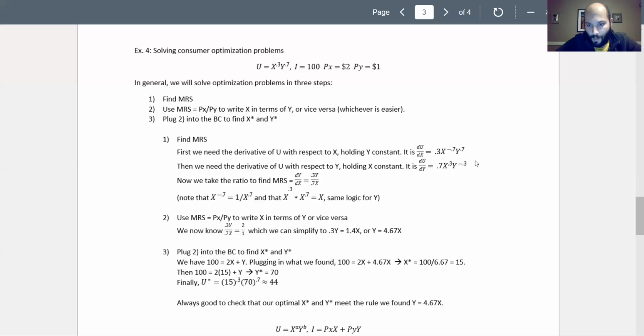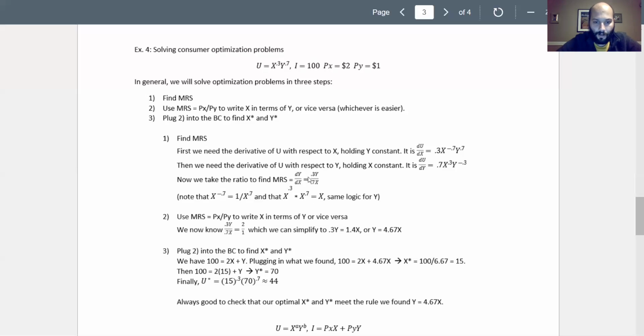Likewise, 1 over y to the negative 0.3 just equals y to the 0.3, so we can bring that up here. Ultimately, we get 0.3y over 0.7x. Okay, so there is our MRS, and this is the slope of the indifference curves at any point.